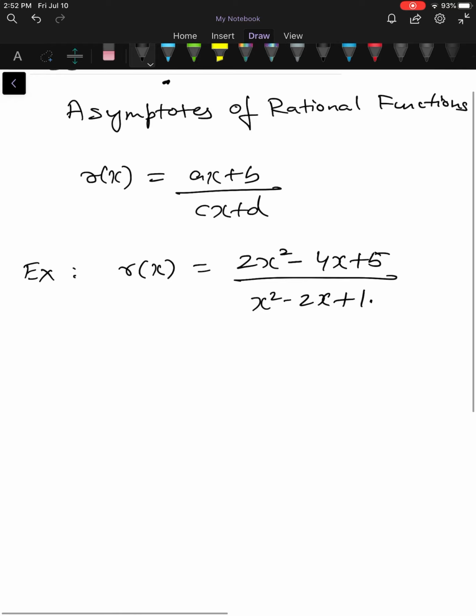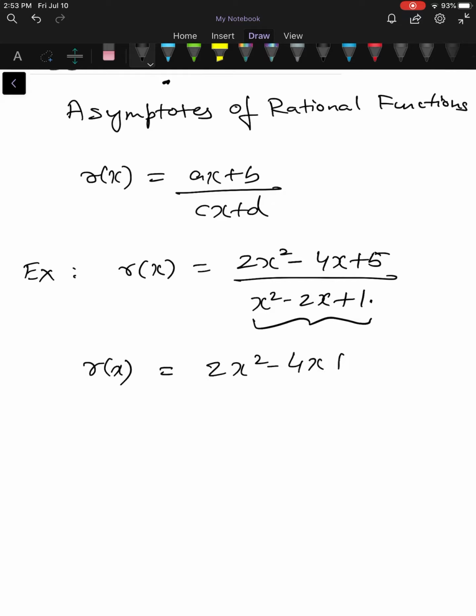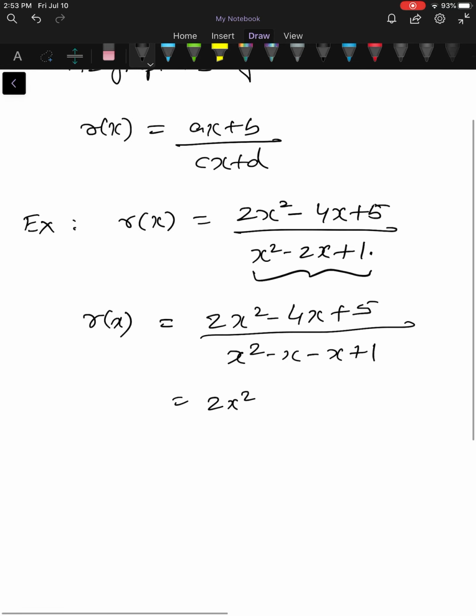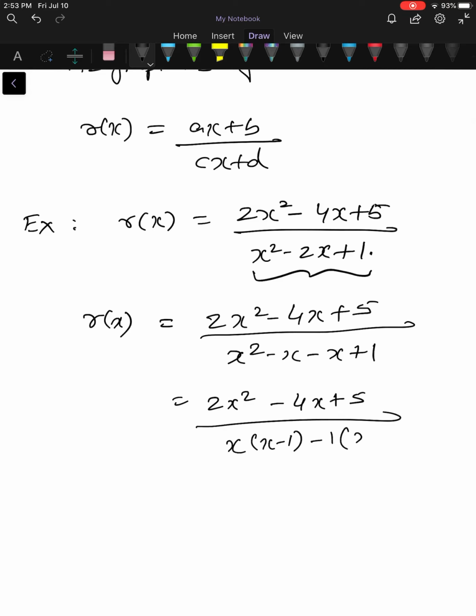If you factorize the denominator using the trial and error method, you will have x square minus x minus x plus 1, that is x of x minus 1 minus 1 of x minus 1. So this is 2x square minus 4x plus 5 divided by x minus 1 the whole square.